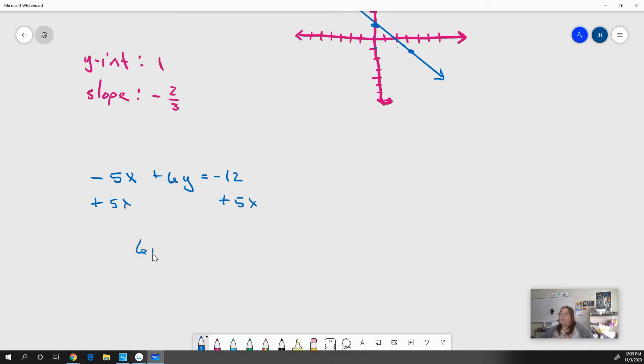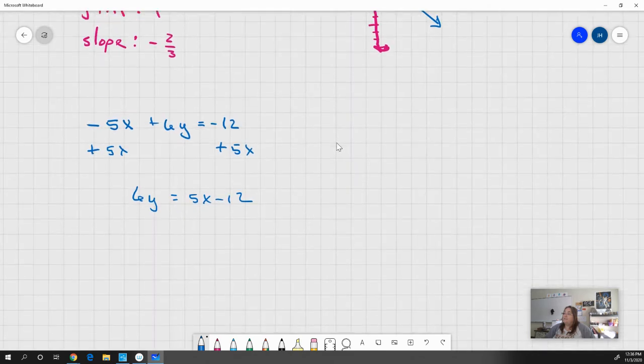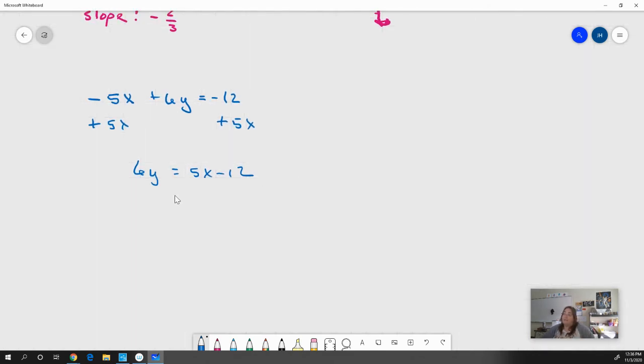And I get 6y equals 5x minus 12. And then I still have this 6 being multiplied to it. So I'm going to divide both sides by 6. And I wind up with y equals 5 over 6x minus 12 over 6.